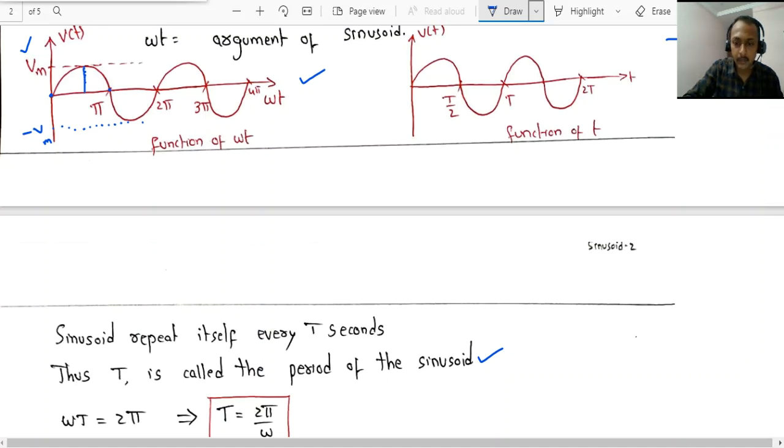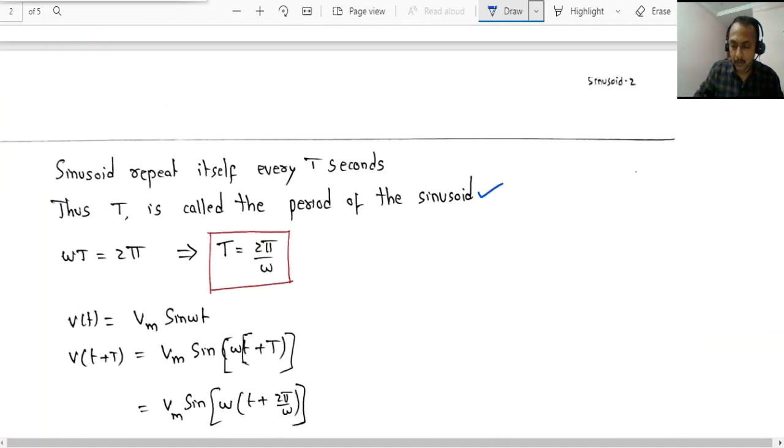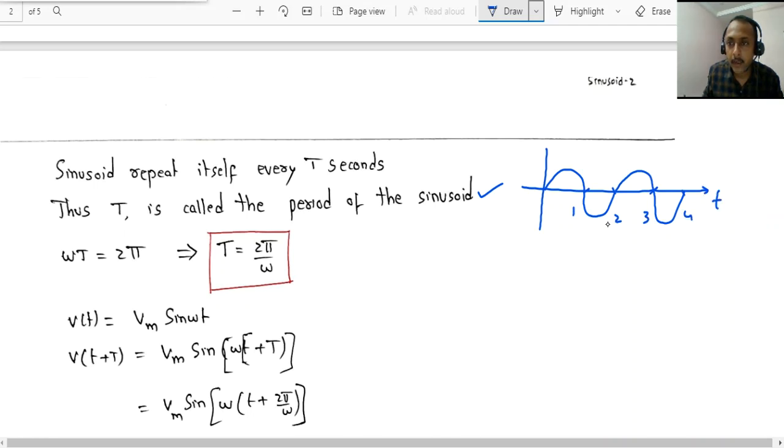For example, observe, dear students, if I have drawn a waveform like this, with 1, 2, 3 and 4 on the time axis, and this is some v of t.